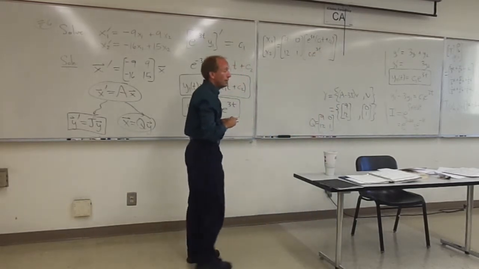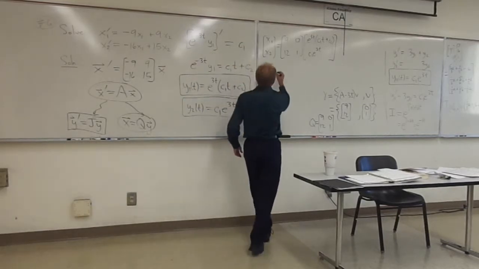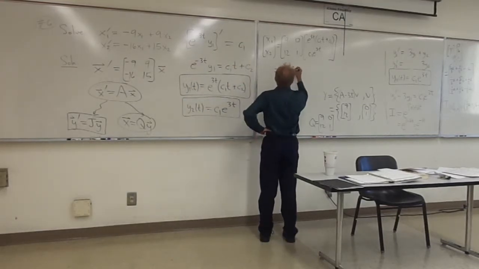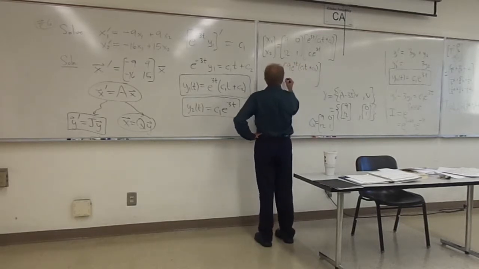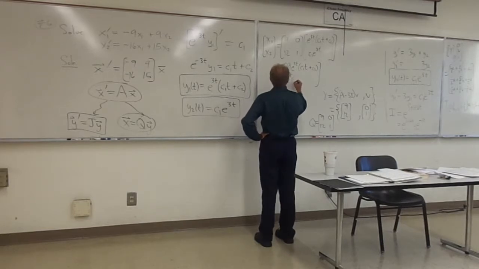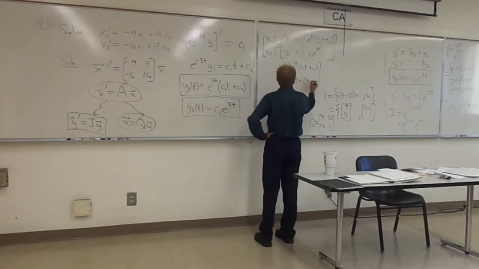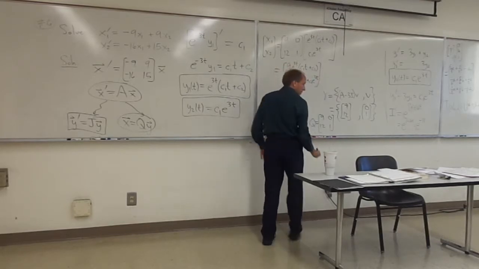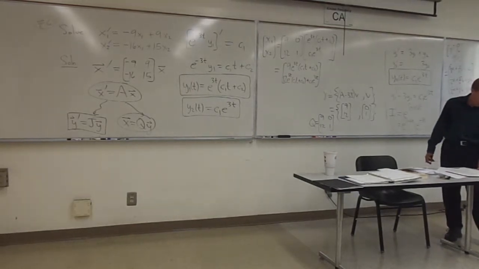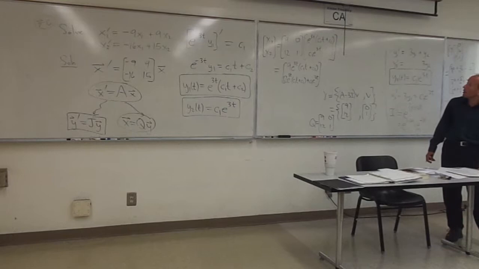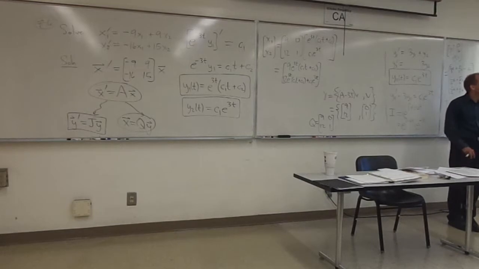So we just have to work this out. It's going to be 9 times e to the 3t times c1t plus c2, and then it's going to be 12 e to the 3t times c1t plus c2 plus c1 e to the 3t. Now let me check the answer to make sure that's what I actually got. Yep, that's it. That's the final answer.